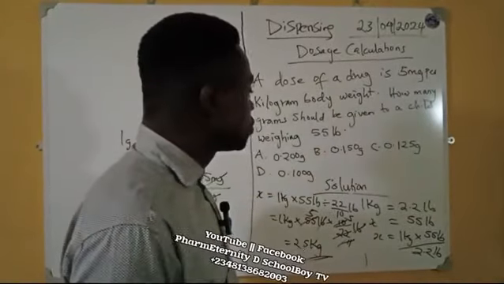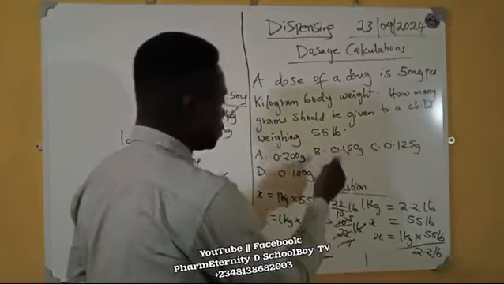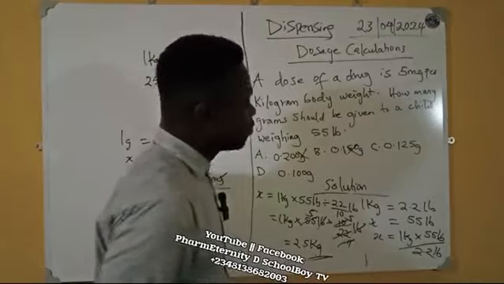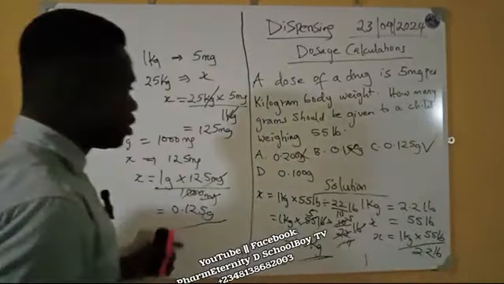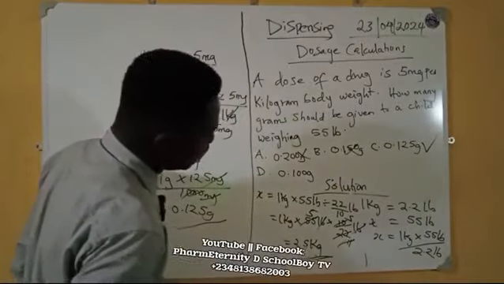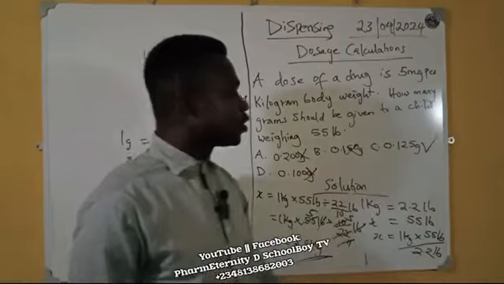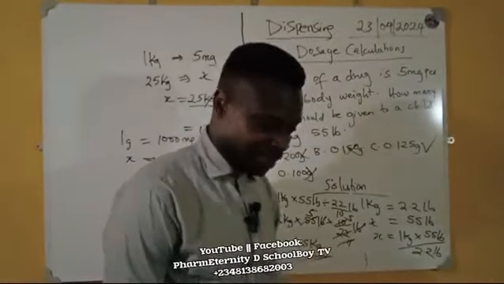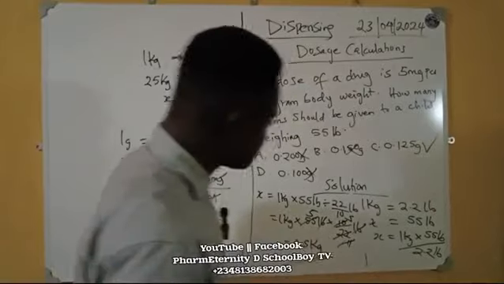B says 0.150 gram. C says 0.125 gram. Yes, that's what we got. But look at the last option, it says 0.100 gram. So the answer is 0.125 gram.